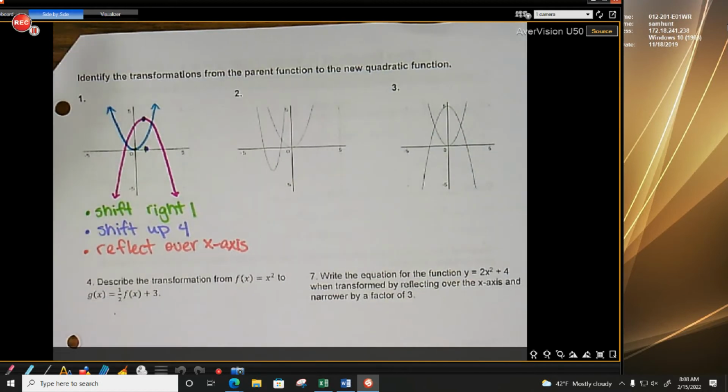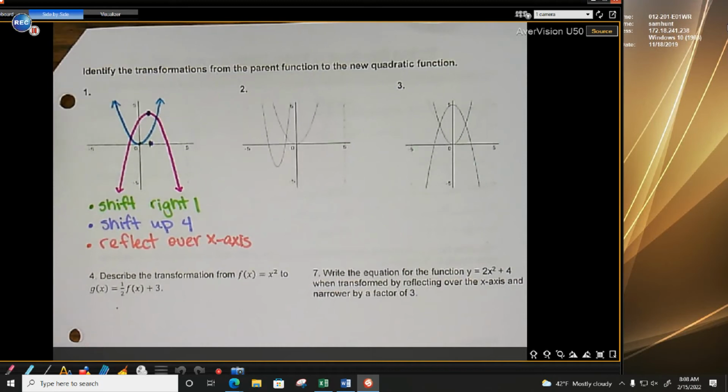Does it look like they have pretty much the same width? If it's not obvious that one's way smaller or way wider, assume they have the same width, okay? The width is definitely, in my opinion, the hardest one to find, okay? So those are our 3 changes. How many can there be? 4. We only had 3. Good?